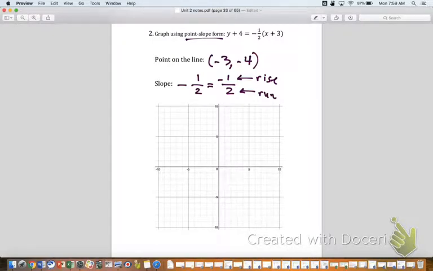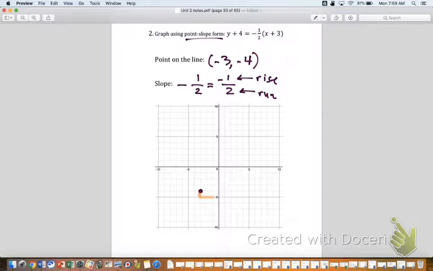We'll get busy graphing this. So -3, -4 is my point that is on the line. So that's -3, -4, right about there. And then I'm going to count my slope off. My slope would be, if the rise is -1, that means down 1. So that'd be down 1, right 2.